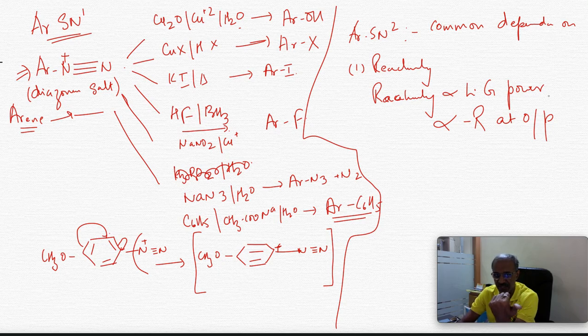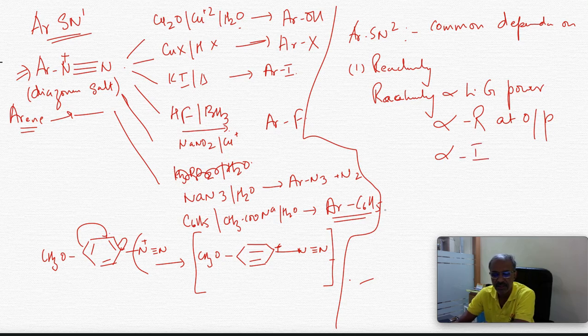As we have seen, the electron withdrawing group extracts electrons from the benzene ring and converts it into a more positive character, then easily a nucleophile can come and attack. Also directly proportional to the minus I effect.